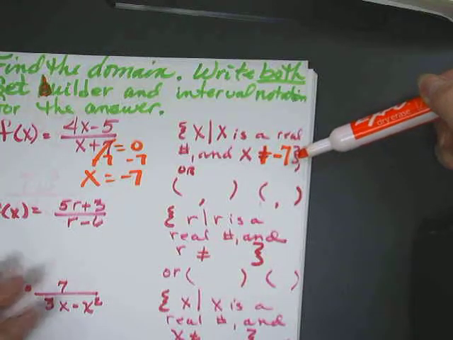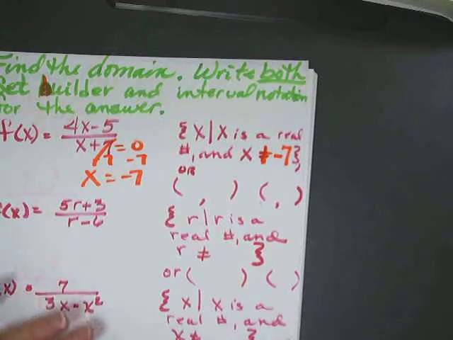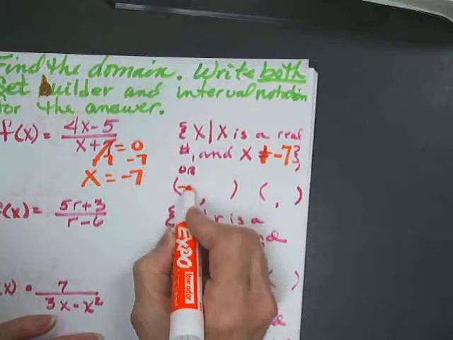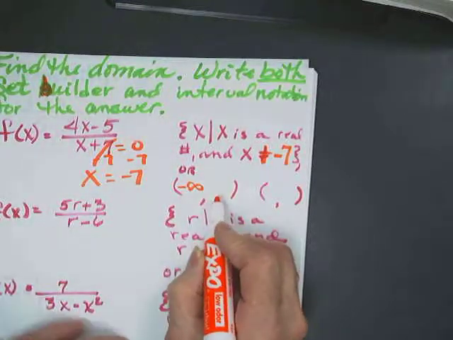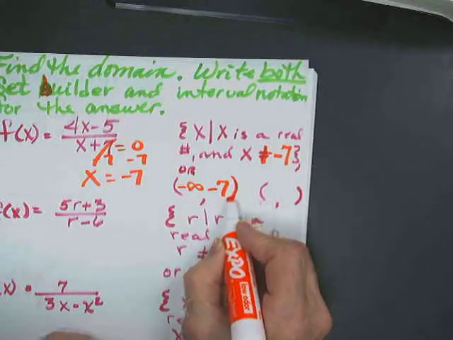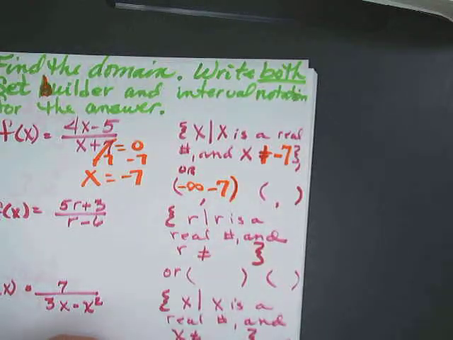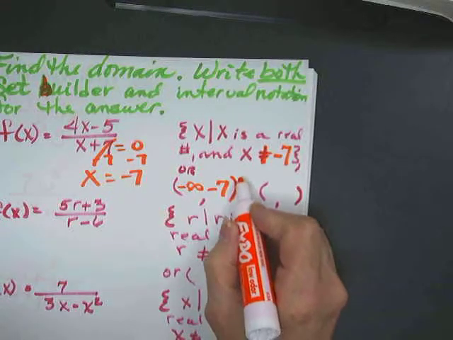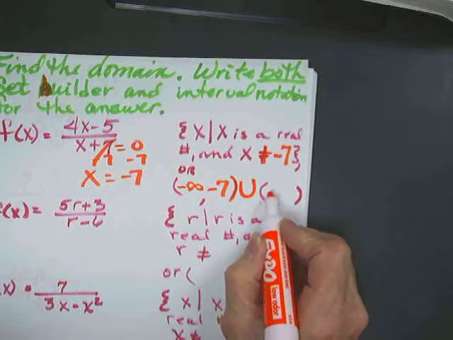Okay, or, Philip, how do we write this in interval notation? If it can't be -7, it can go all the way back to -infinity, right? Up to -7, then we have a parenthesis here because it can't be -7, right? Yeah.